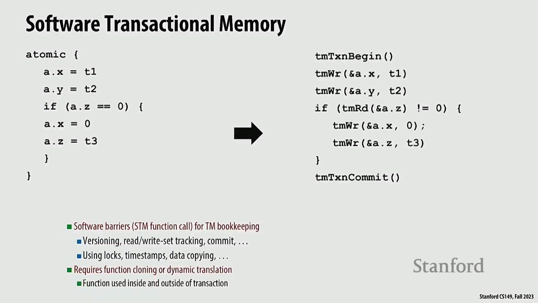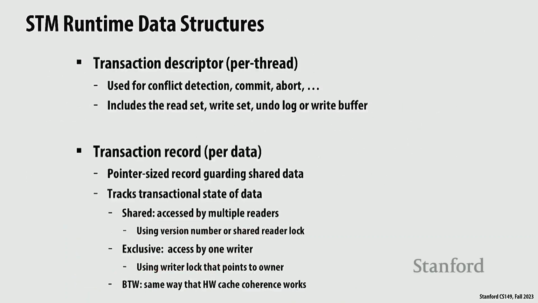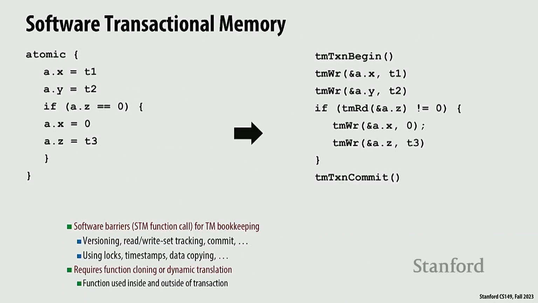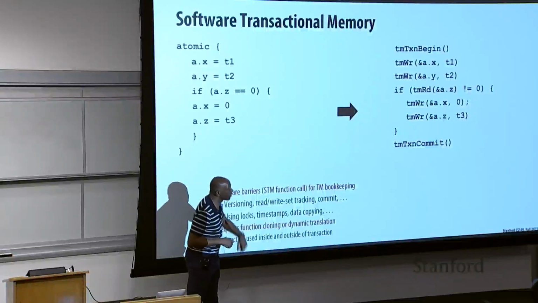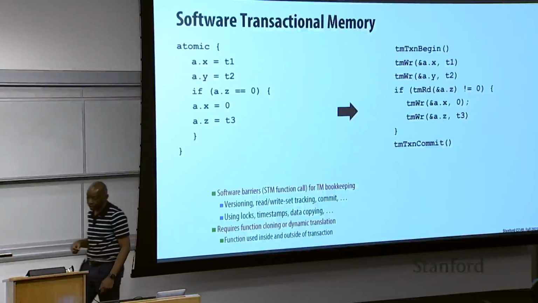And that is done by the use of what we call software barriers. And software barriers are basically calls into the transactional memory system to indicate to the system what bookkeeping has to be taken, right? So the idea is that you've got to rewrite the code that the programmer gives you and add these extra calls into the transactional memory system.